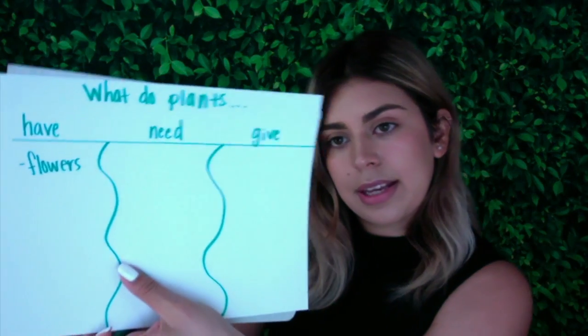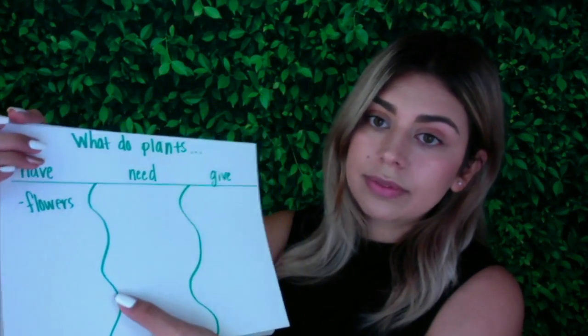So that's one thing that it has. It has flowers. So let's write that in there. Flowers. So plants have flowers. What else do they have? Yes. The part that looks like a stick, but it's not a stick, is called a stem.